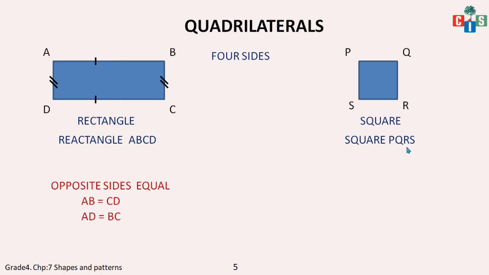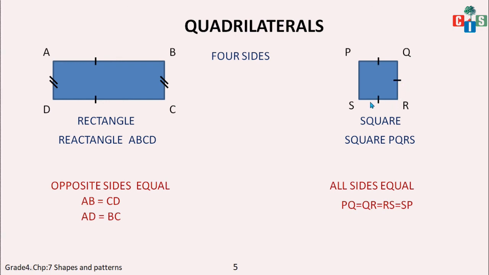Okay. Now for the square PQRS, what is the property of a square? Yes. A square will have equal sides. All the sides will be equal for a square. So what I will do is, PQ is equal to QR is equal to RS, and that is equal to SP. Okay, so all four sides are equal and I will denote it by the same figure.